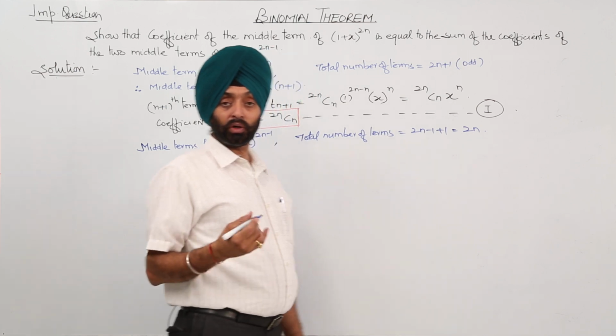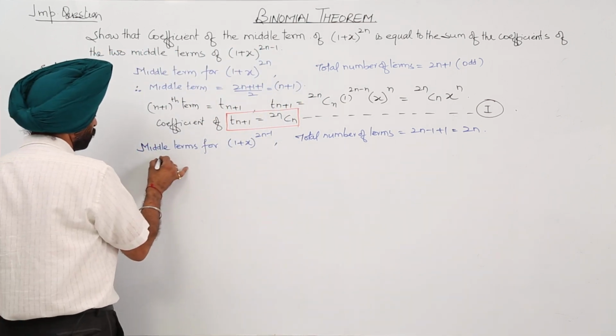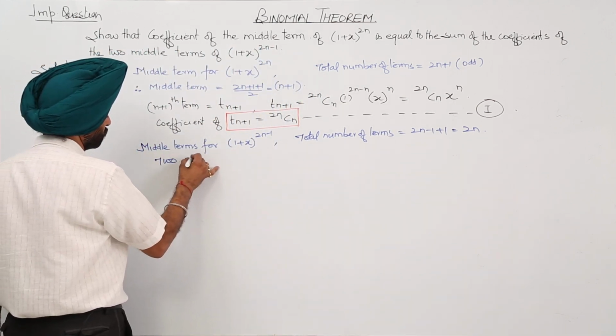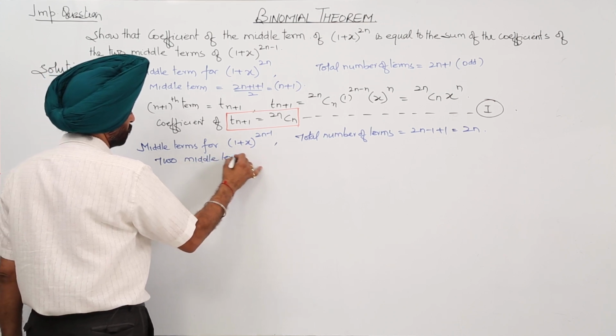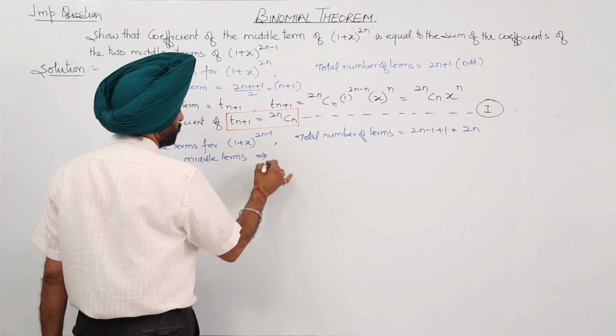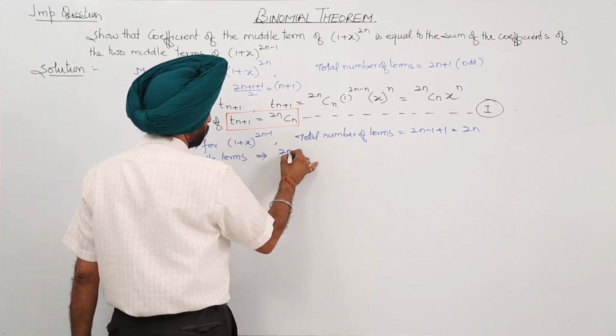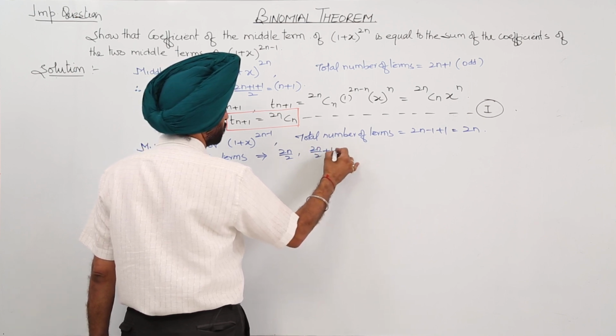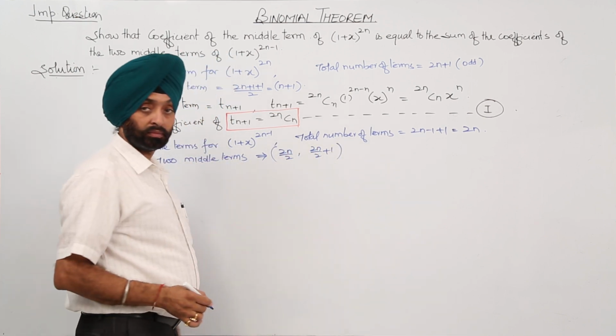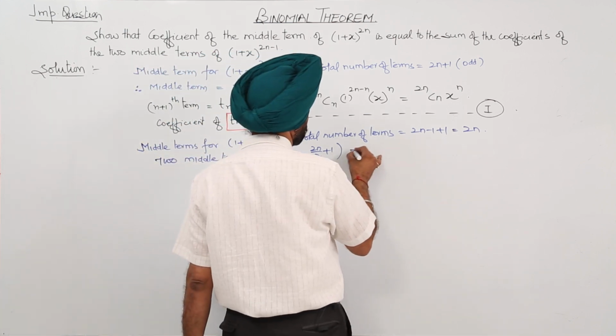So 2n is what? Even. So there are two middle terms, that are 2n/2 and 2n/2 + 1. Is it clear?